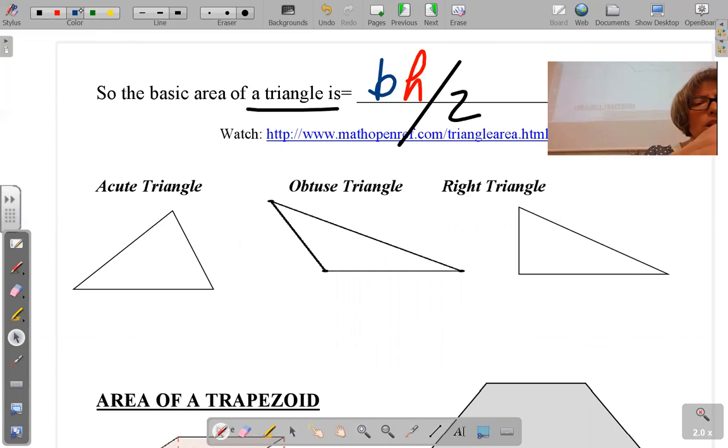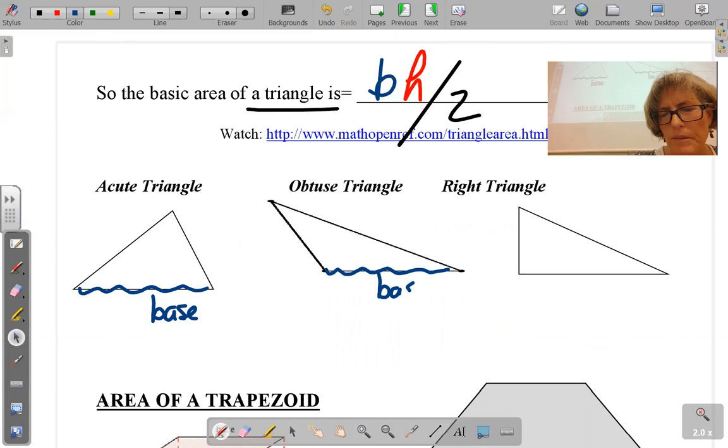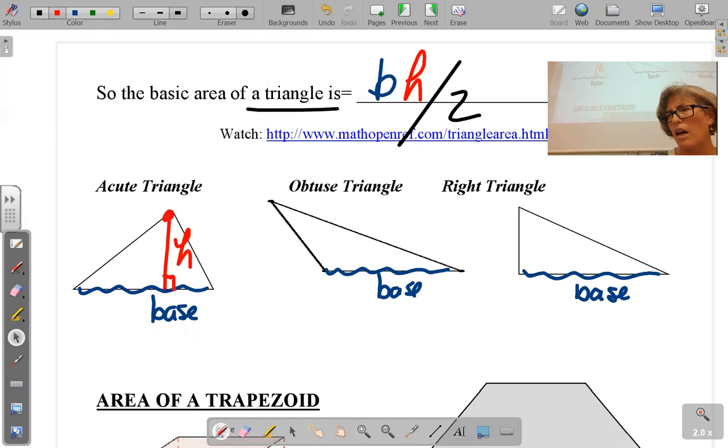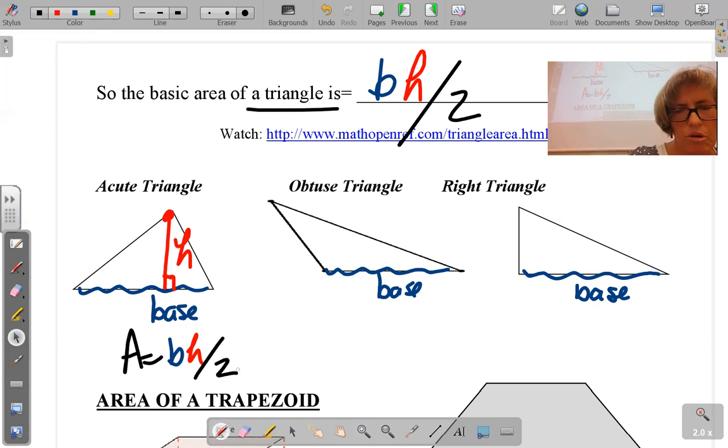All right, so in an acute triangle, this would be your base. Obtuse triangle, this would be your base. And this would be your base, right? In an acute triangle, the height is inside. Because it has to create what kind of an angle? Right. A right angle. So here we are, area equals base times height over 2.